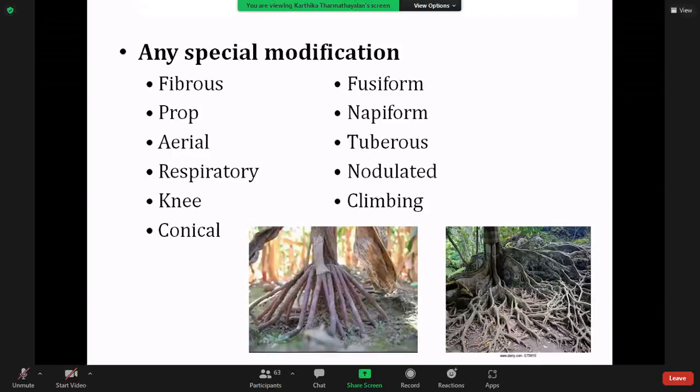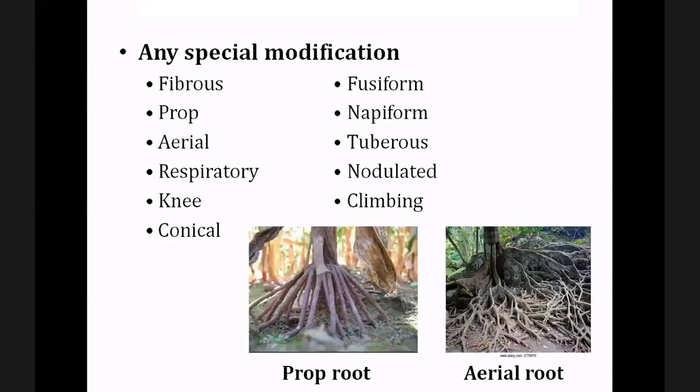The example is the maize plant, in which we can observe this prop root. The maize plant means the corn plant. In that plant we call it a stilt root. S-T-I-L-T.